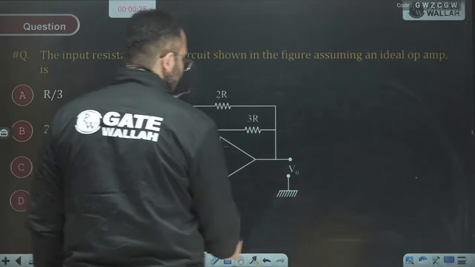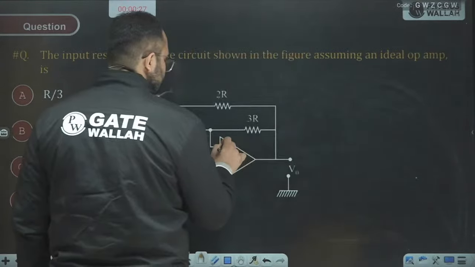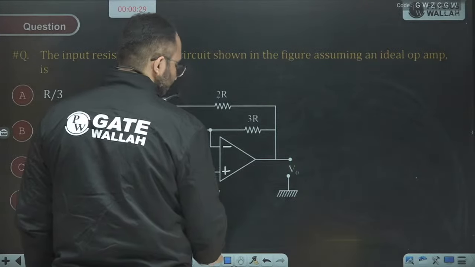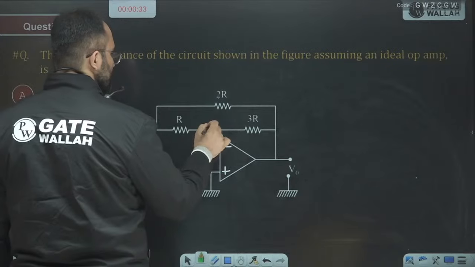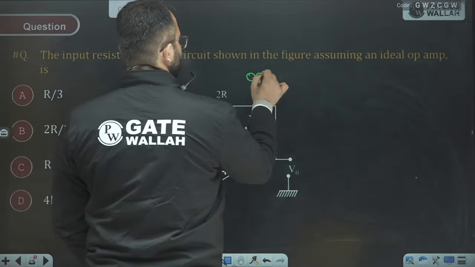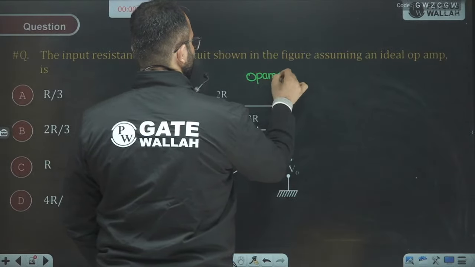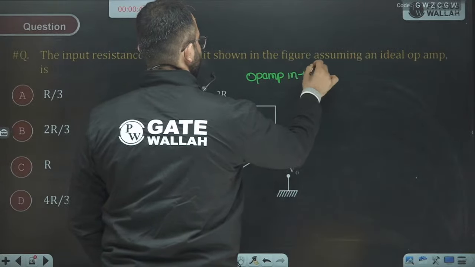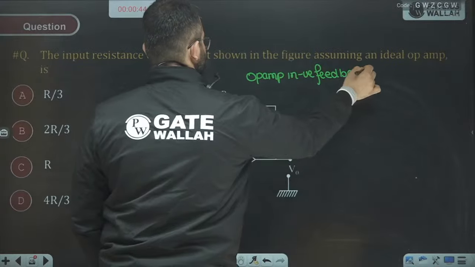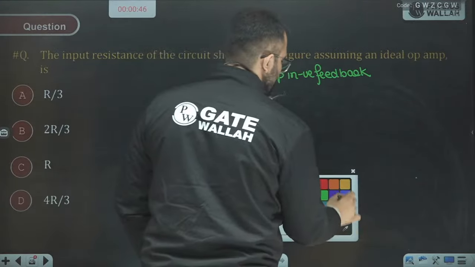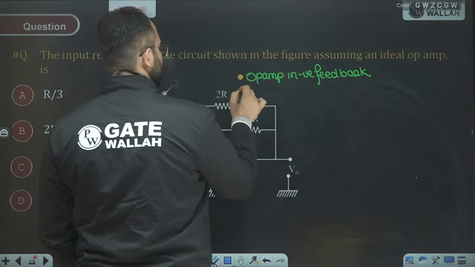We can see that the op-amp is in negative feedback, obviously. We can see that there is a virtual short.